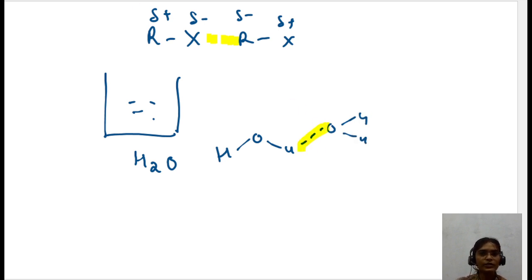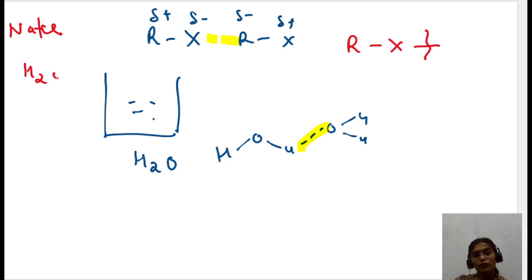Listen, what is really happening, if you recall the complete solution unit: first of all this RX bond is going to break, and then the bonds between water molecules also break. Remember NaCl. If you add NaCl to water, first you break the NaCl, then the water molecule bonds break, then Na positive is generated, and water surrounds the Na.